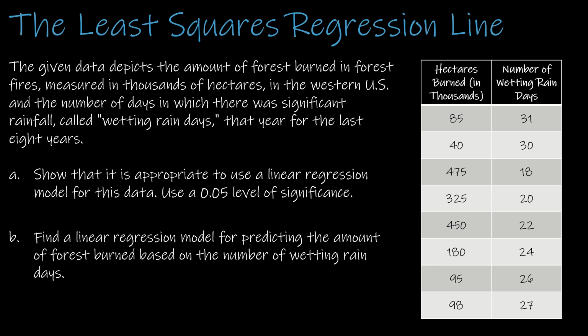So it's 8 years of data, and the first thing we're to do is to show that it's appropriate to use a linear regression model, and then we need to find the model that we could use to predict the amount of forest burned based on the number of wetting rain days. So I would like for you to try that on your own, and when you're ready, press play to see how you did.